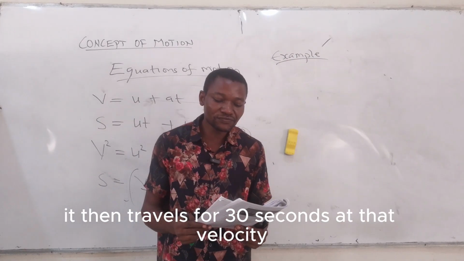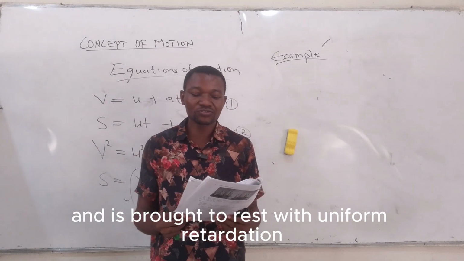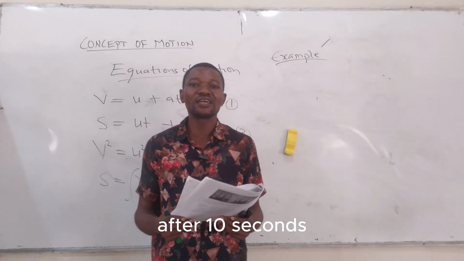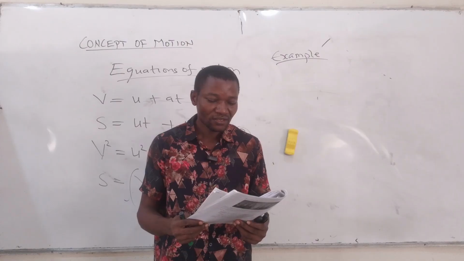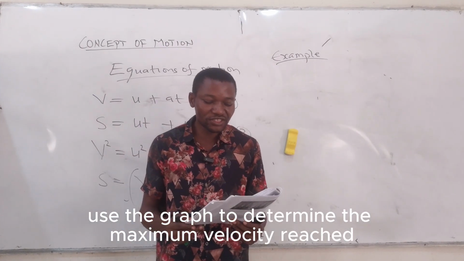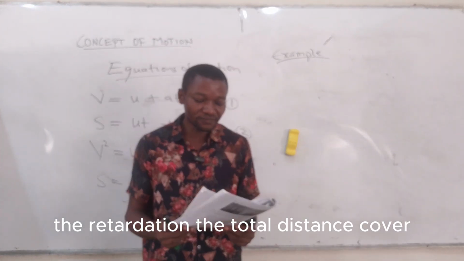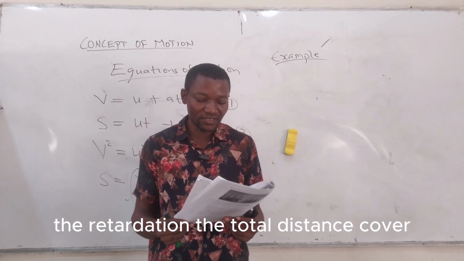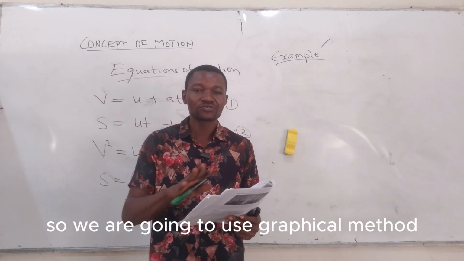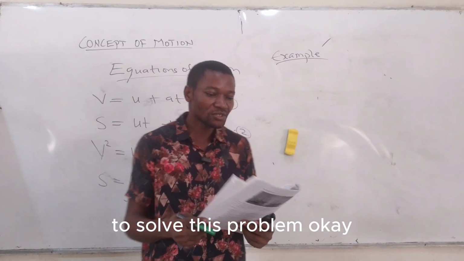It then travels for 30 seconds at that velocity and is brought to rest with uniform retardation after 10 seconds. Draw a graph of the motion. Use the graph to determine the maximum velocity reached, the retardation, the total distance covered, and the average velocity of the journey. So we are going to use the graphical method to solve this problem.